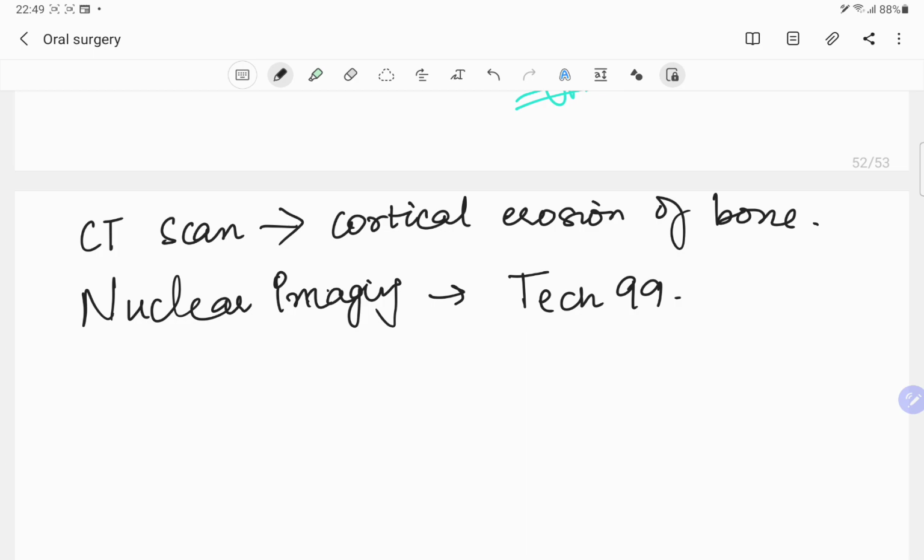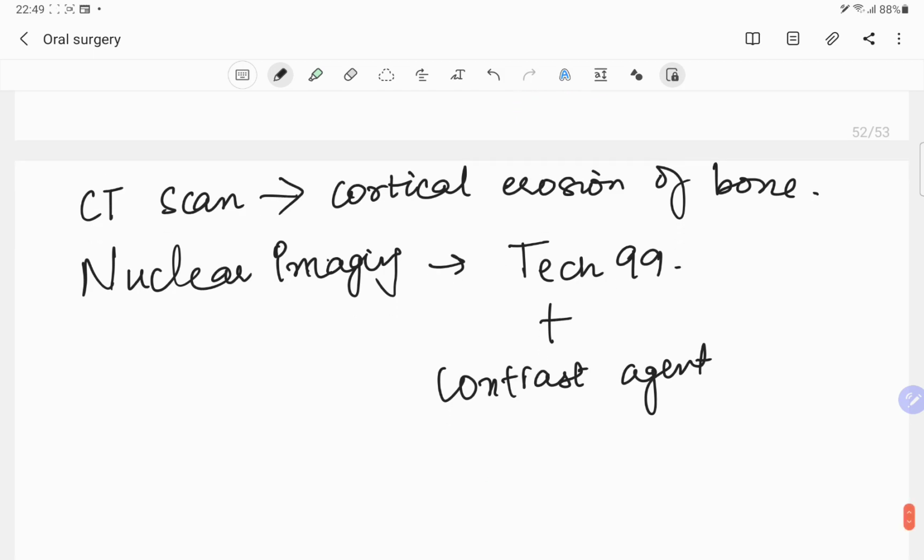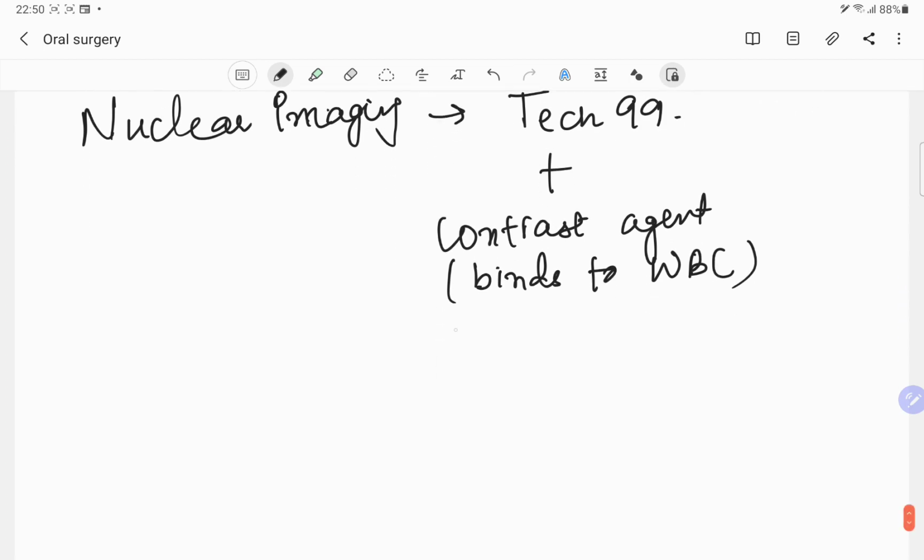Along with that, we add gallium, basically a contrast agent. These agents will differentiate the areas of infection as these agents bind to the WBC. So these contrast agents are gallium-67 or indium-111.